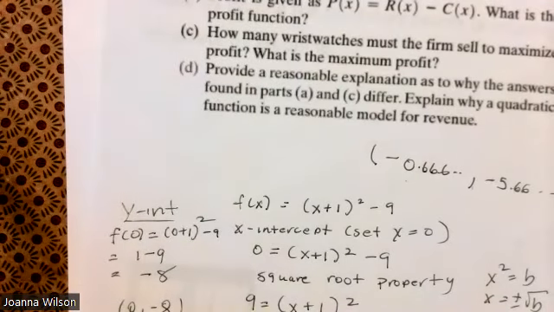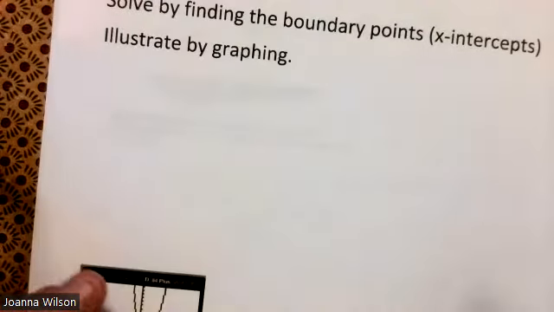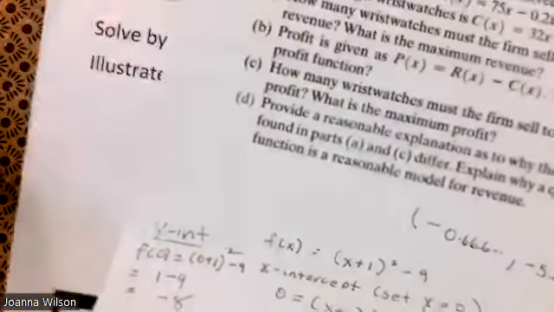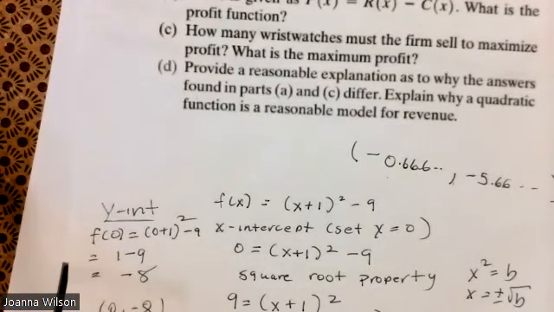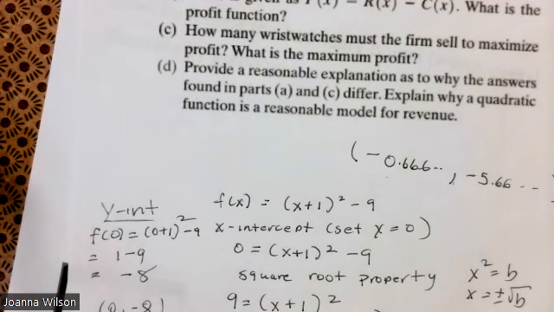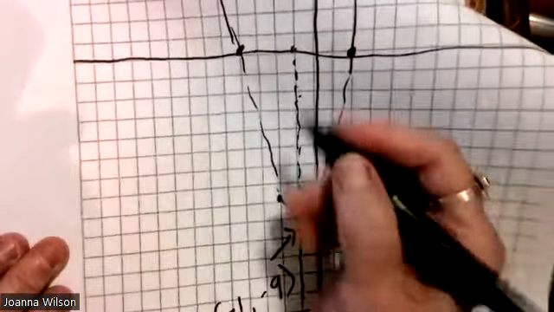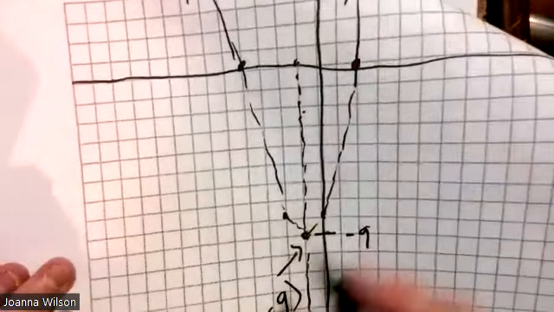And then they want us to graph the function. So I'm going to just try to graph this by hand. And then I thought I had a piece of graph paper here. Where did the graph paper go? You know what? I'll just show you where I've already graphed it on this page over here. The way I did it, I plotted the vertex, which was -1, -9. I know it's opening up, so it's going like this.